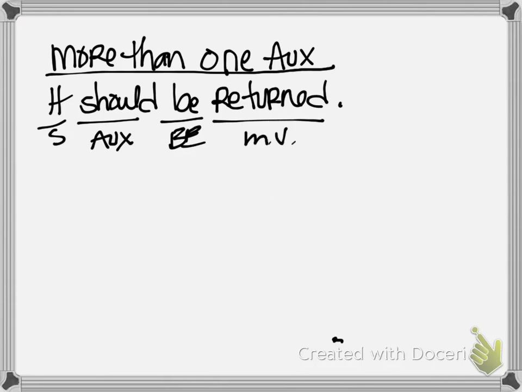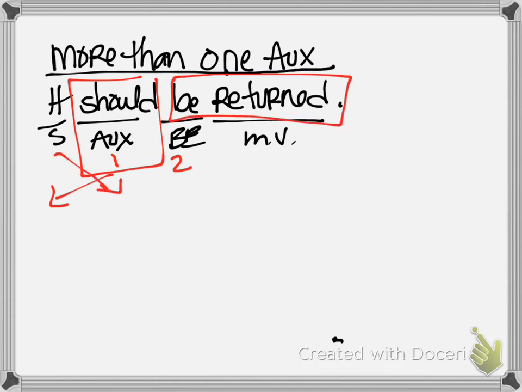So we have subject, we have our auxiliary, we have our be verb, and we have our main verb, our past participle. Okay. Now if I want to change this to a question, I have a choice between two different auxiliaries. So I've got auxiliary 1 and auxiliary 2 here. Whenever you have two auxiliaries, you always take the first one and that moves into the subject position and switches with the subject. Your be is going to stay right here, nice and cozy next to your main verb.